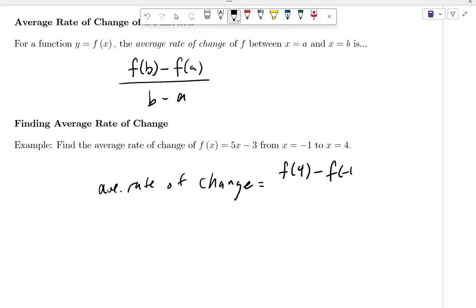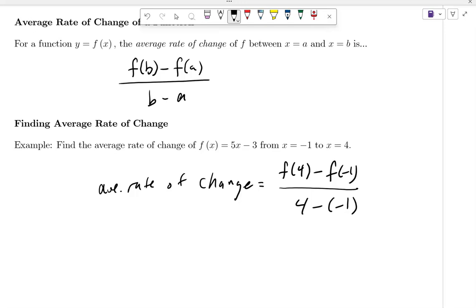Good, f of negative 1, good. And then what goes in the denominator? 4. So yeah, 4 minus the negative 1. Good, yeah, exactly right. So remember that from is where you're starting, the to is where you're ending, right? So you're doing either net change or average rate of change. It's where you ended up minus where you started. So it's going to be f of 4 minus f of negative 1, and then same order in the denominator.